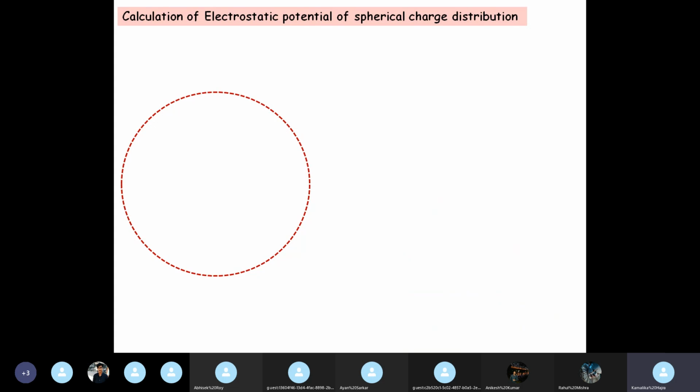We will calculate the electrostatic potential of a spherical charge distribution. This is mentioned in your syllabus: calculation of electrostatic potential due to a spherical charge distribution.